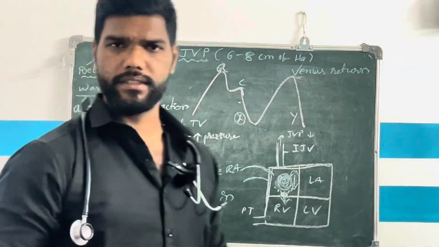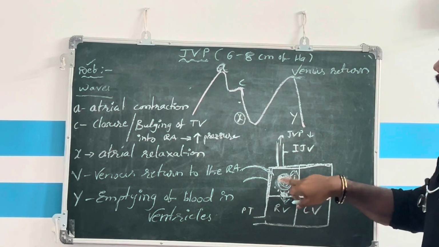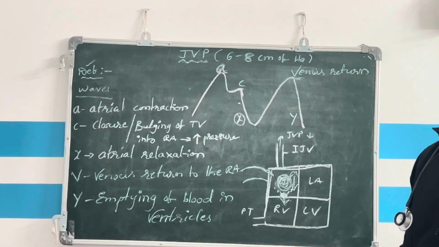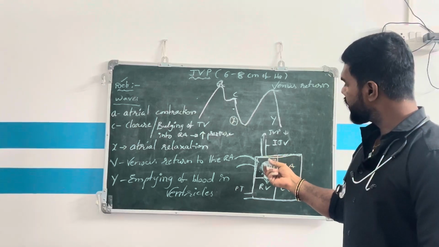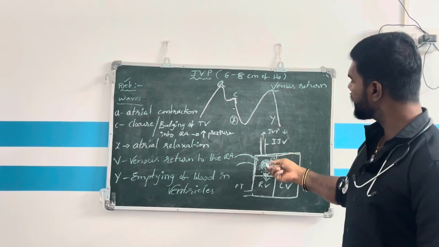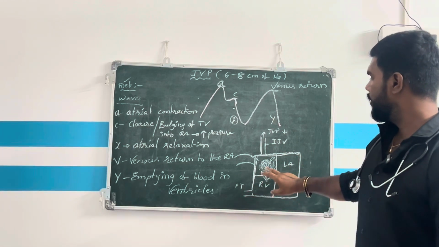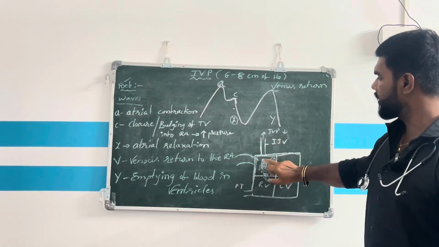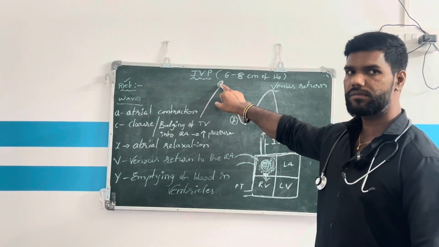So guys, simply you can understand, mainly the pressure in the right atria is indicated by the jugular venous pressure. When the pressure rises in the right atria, it leads to an increase in the JVP. When the pressure is decreased, JVP is also decreased. How is it produced? During the atrial contraction, the pressure automatically increases in the right atria, leading to the A wave.